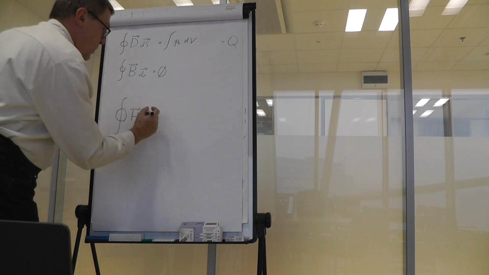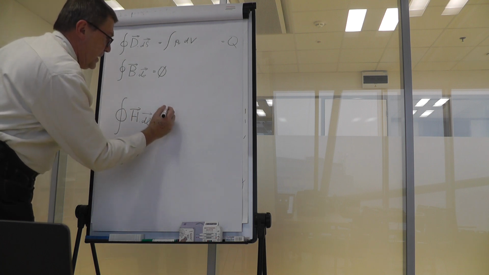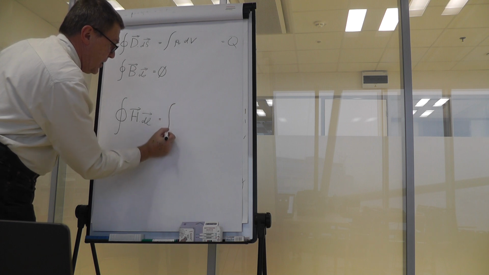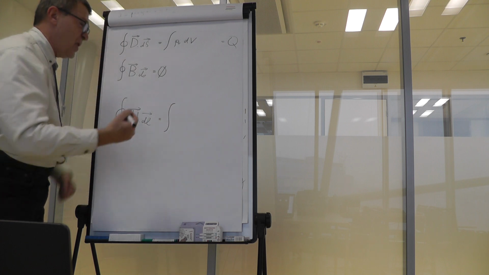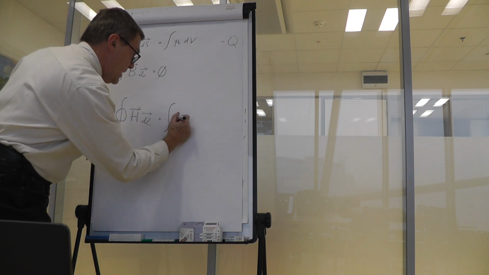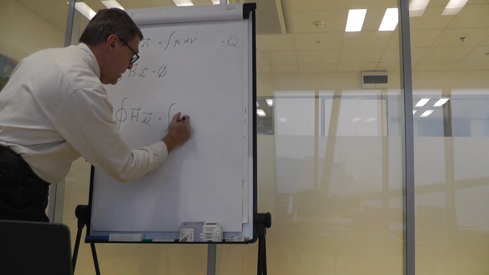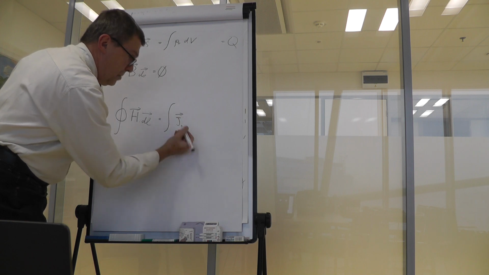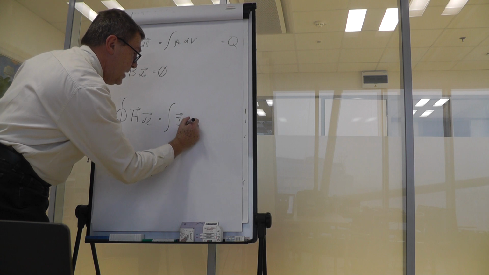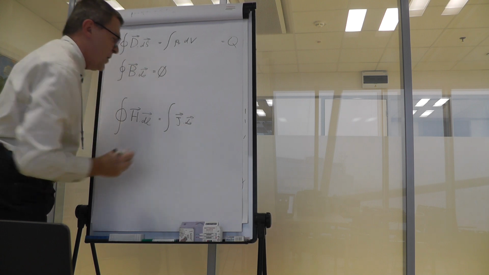So we write it in this way. It is an integral over a surface, and I will tell which surface. So we would get an integral of J, current density, dot product with the surface element.